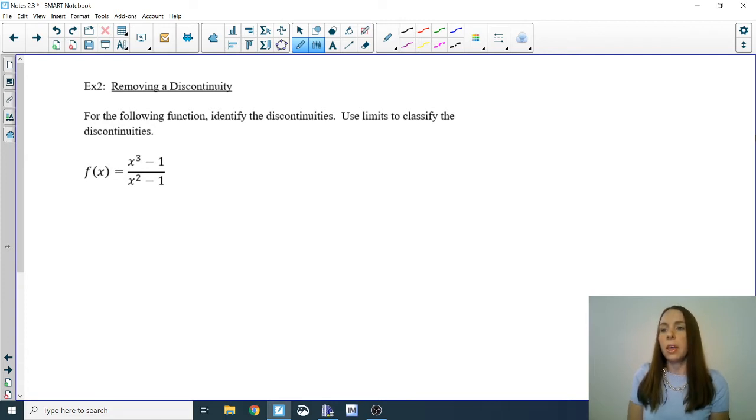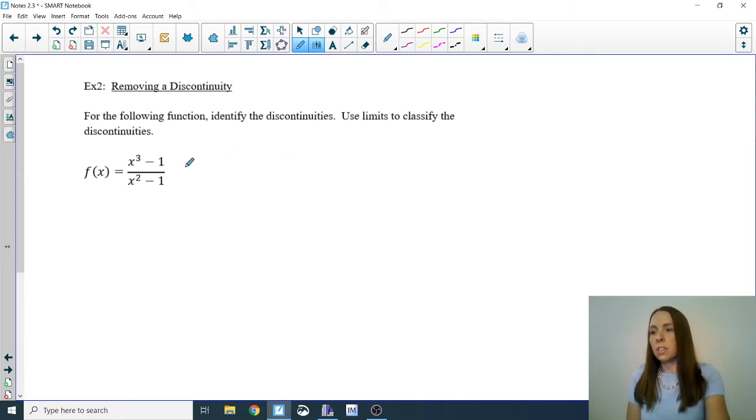Where are they? And then we're going to use limits to classify what types of discontinuities they are. Our function here is f of x equals x cubed minus 1 over x squared minus 1. So if you're looking at an equation, what you want to think about to find the discontinuities is where are the restrictions on x? What can x not equal?